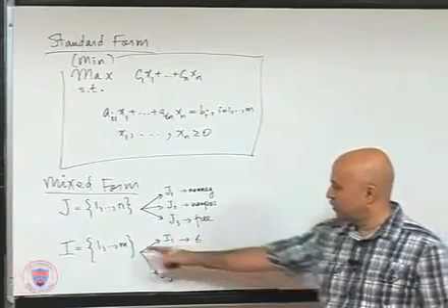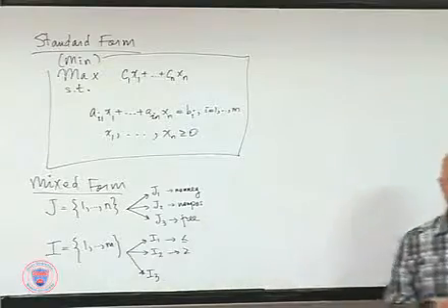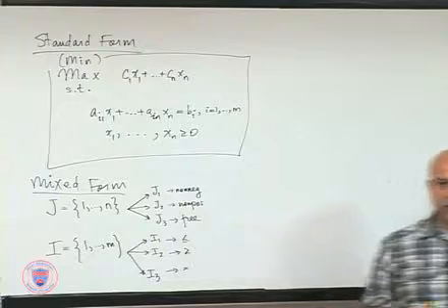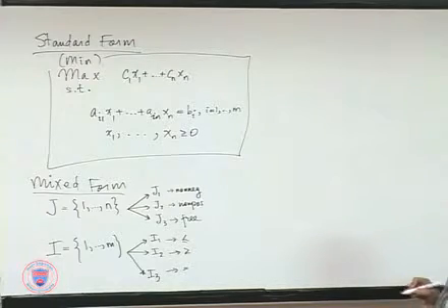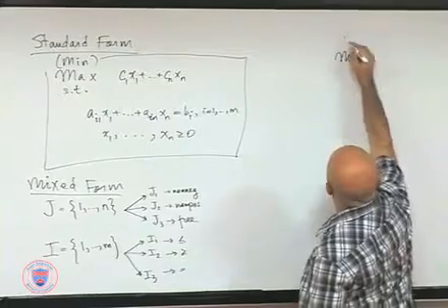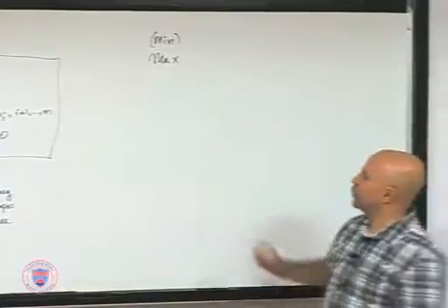I2 refers to the set of indices I corresponding to greater or equal type constraints, and I3 corresponds to the index set of constraints corresponding to equalities. So with that, I may again have a maximization or a minimization, whichever one is appropriate.